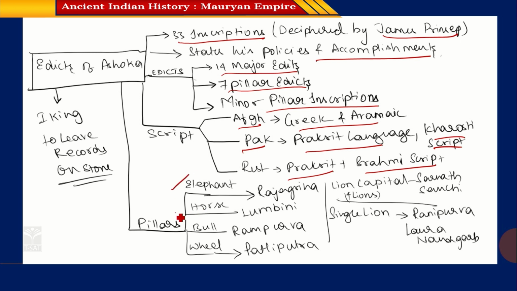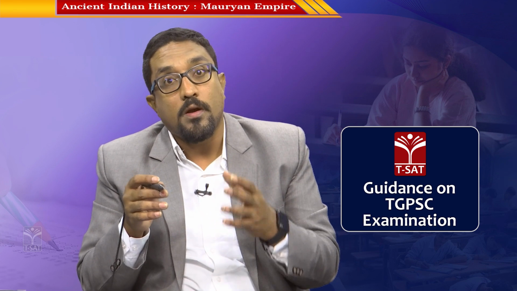Elephant pillar is in Rajagriha, horse pillar is in Lumbini, bull pillar in Rampurva, wheel pillar in Pataliputra. He was in fact the first king to leave records on stone, not just about the king but also about the society and what people did in that society.